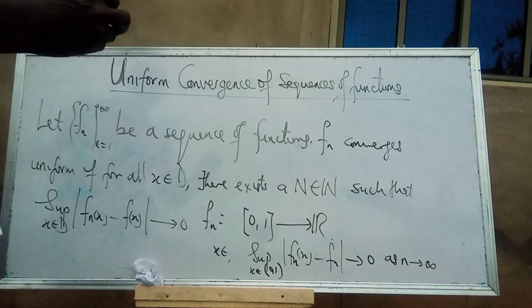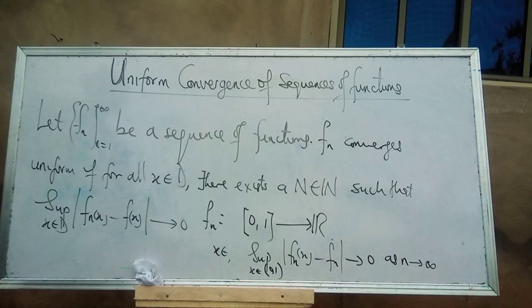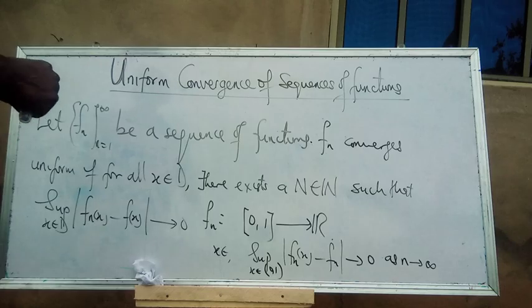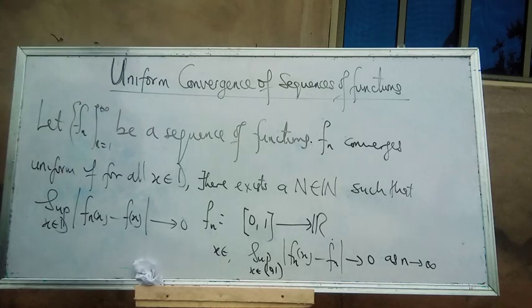It is uniformly convergent across the entire domain, and the rate of the convergence does not depend on x. Unlike in the previous definition of pointwise convergence, where the convergence was carried out separately, because for every x in that domain the convergence is different.